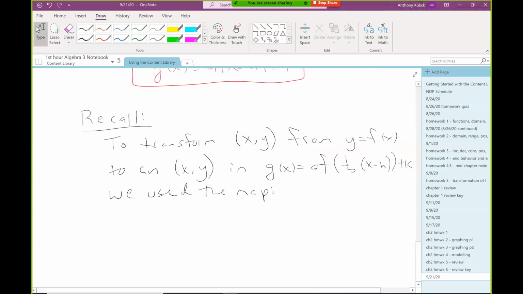So last chapter, we talked about how we can transform any points from our y equals f of x into a point in our transformation using this map.